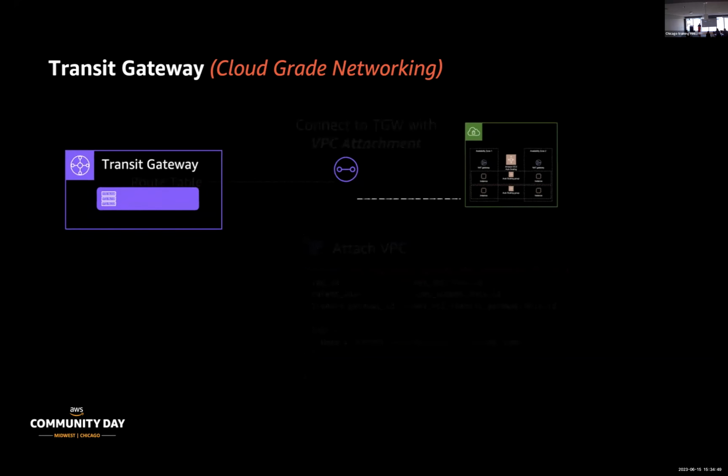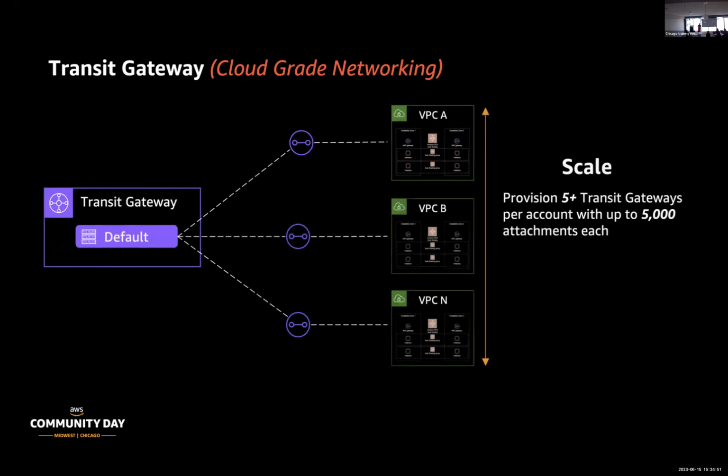So say that we scale and we want more VPCs, then you'd probably want to disable that and use additional segmentation, which we'll get into in a second, because you don't want everything routing to everything by default. In terms of scale, you can provision 5+ transit gateways. It's a soft limit per account, and you can have up to 5,000 attachments.